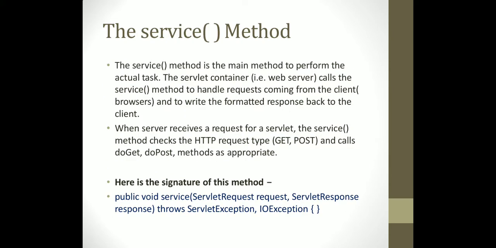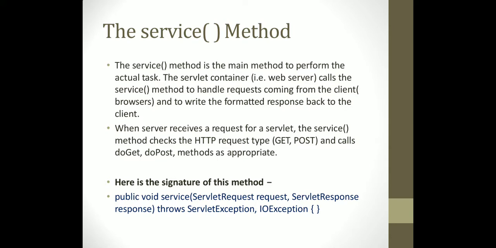Then the service method. This service method is the main method to perform the actual tasks, and the servlet container, that is the web server, calls the service method to handle requests that are coming from a client browser, and to write the formatted response back to the client.